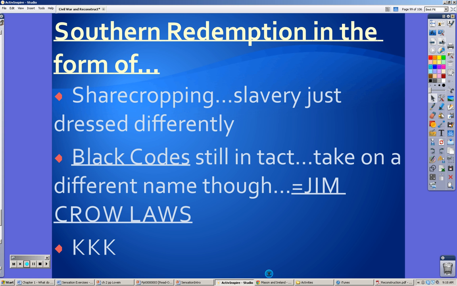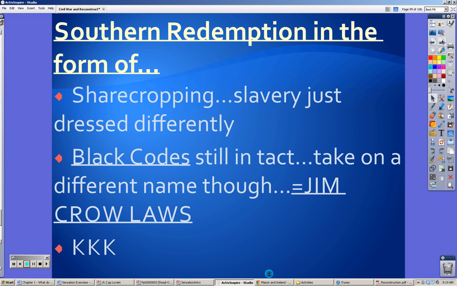They basically rented the land. They had to rent the land that they would work, and then they would sell the goods. So say they rented an acre from a plantation owner, then they could sell, say, all the cotton they picked for $10, and then they'd have to pay $10 rent for that land. So they're really not making any money, and it's again like free labor for these people.